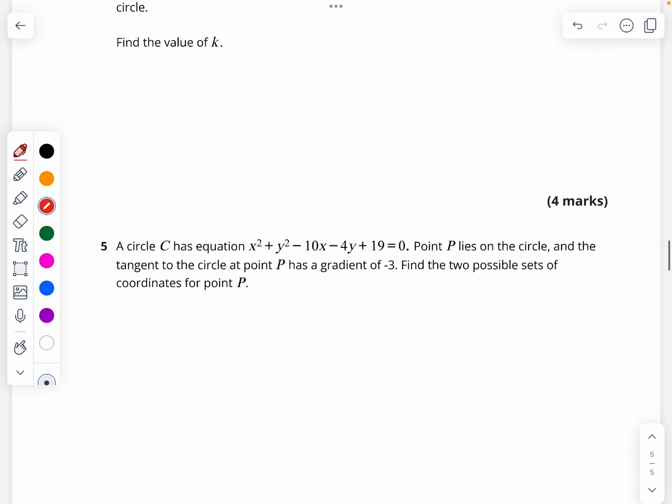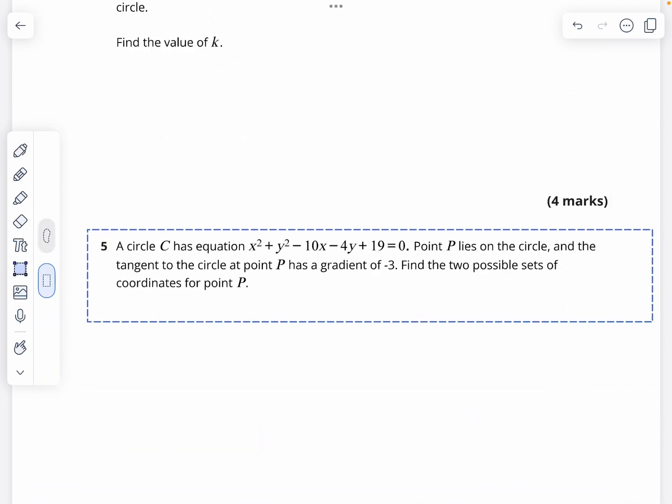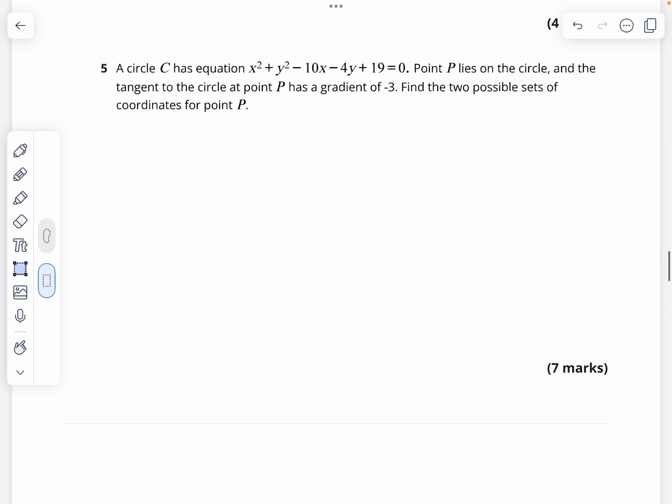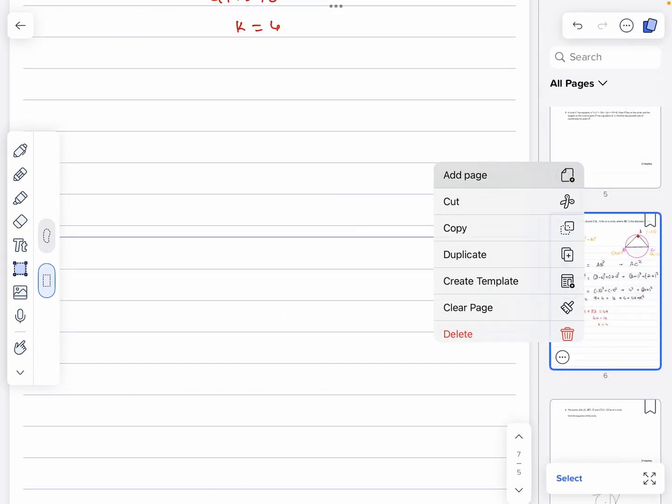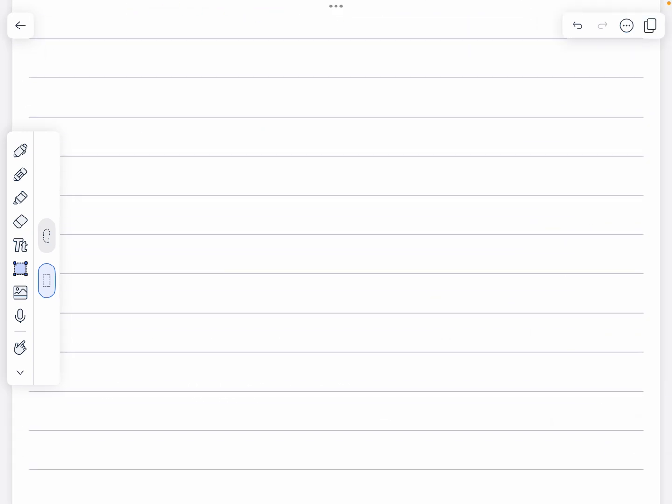Now coming to question number 5. So we quickly add a page over there again. Question number 5.